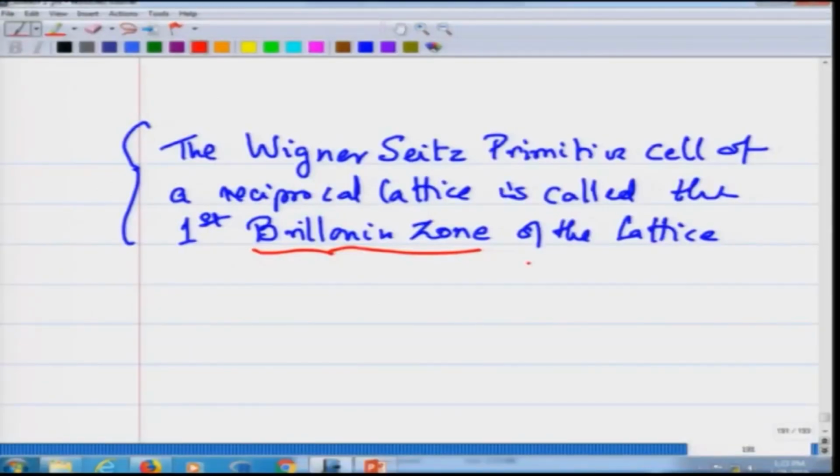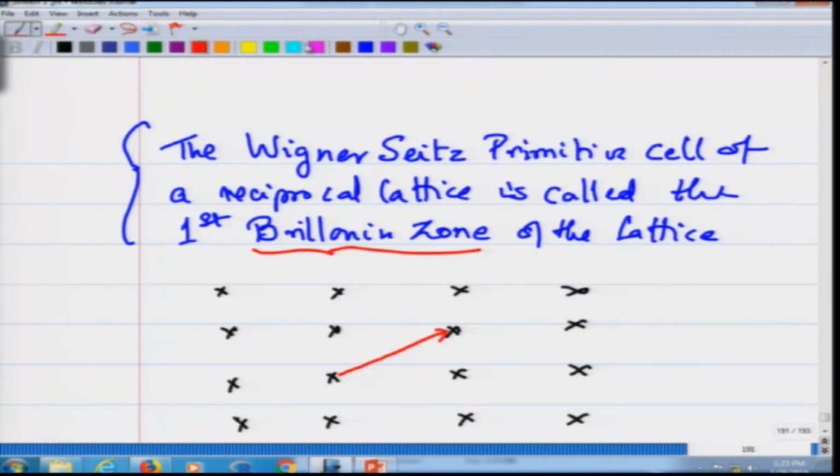So, before I end, I would just like to tell you that if you have these reciprocal lattice points and this is my reciprocal lattice vector, this is the perpendicular bisector of the reciprocal lattice vector, then a wave k which is diffracted from this, the wave falls on this plane in blue which is the perpendicular bisector of G. Okay.